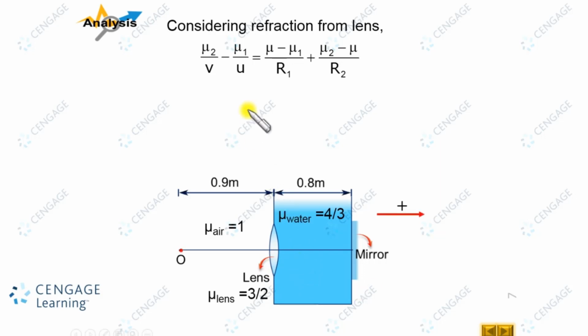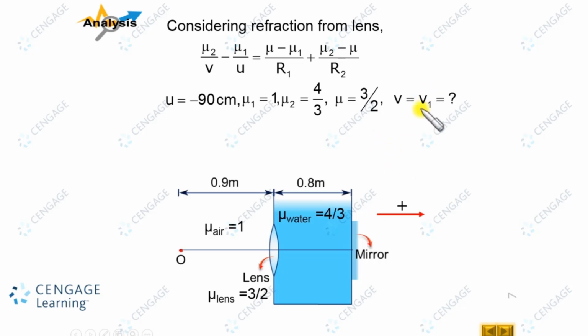The unknown value is v. Suppose this v equal to v1. v1 is the image formed by this lens of this object when rays are traveling from left to right.